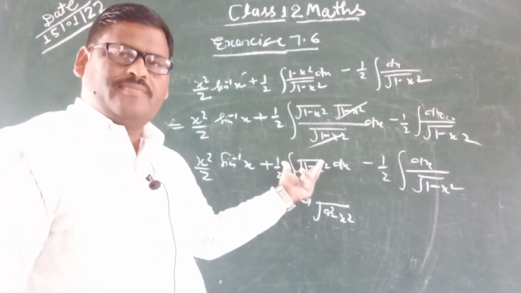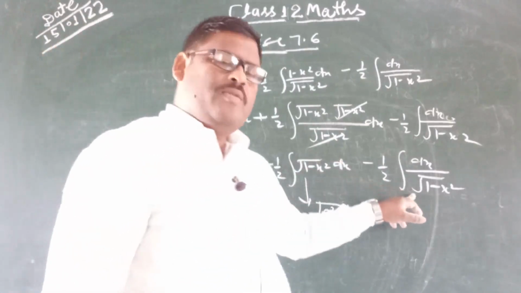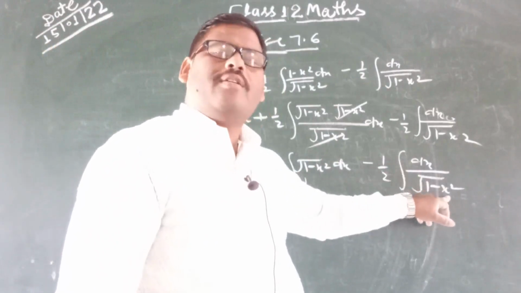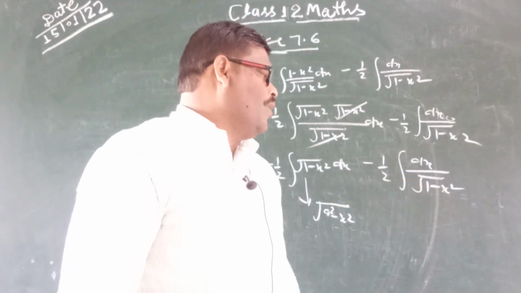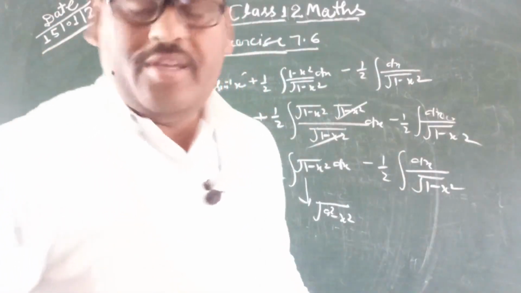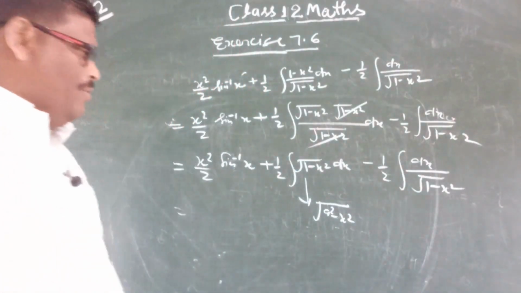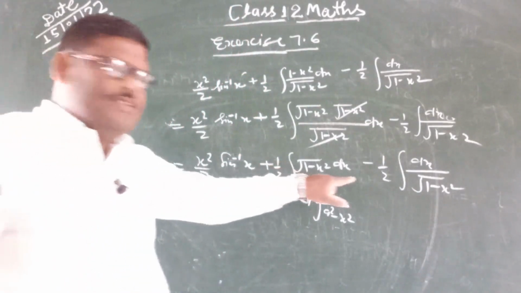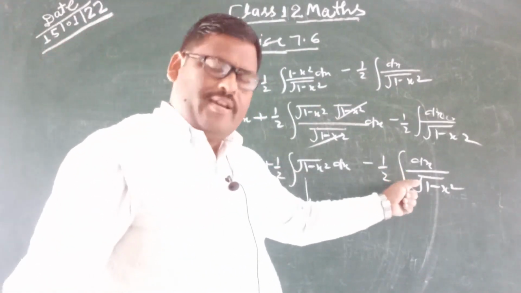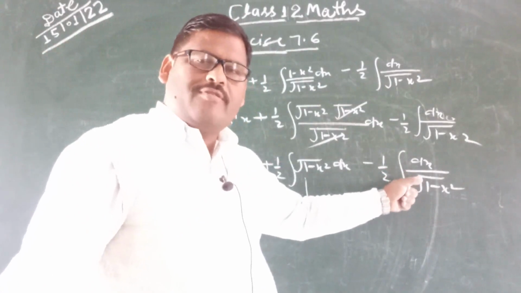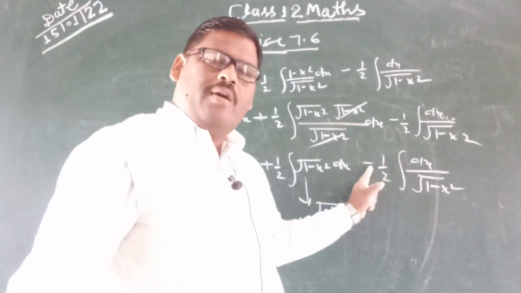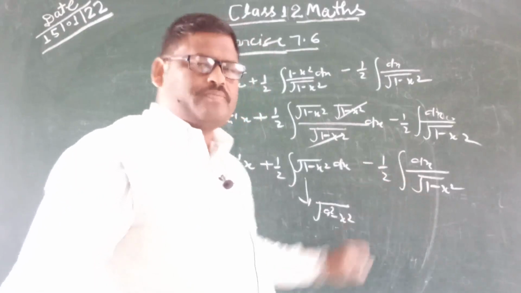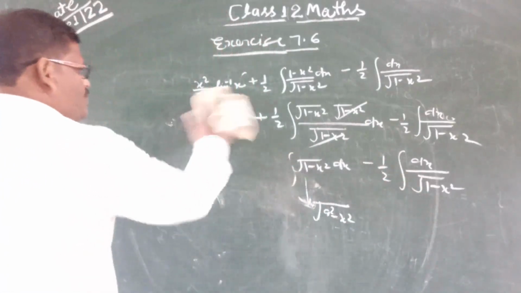Parents, here dx upon under root a square minus x square is 1 upon sin inverse x by a, means sin inverse x. In the case of sin inverse x it is negative, but in the case of cos inverse x it will be positive. Okay. Next question.